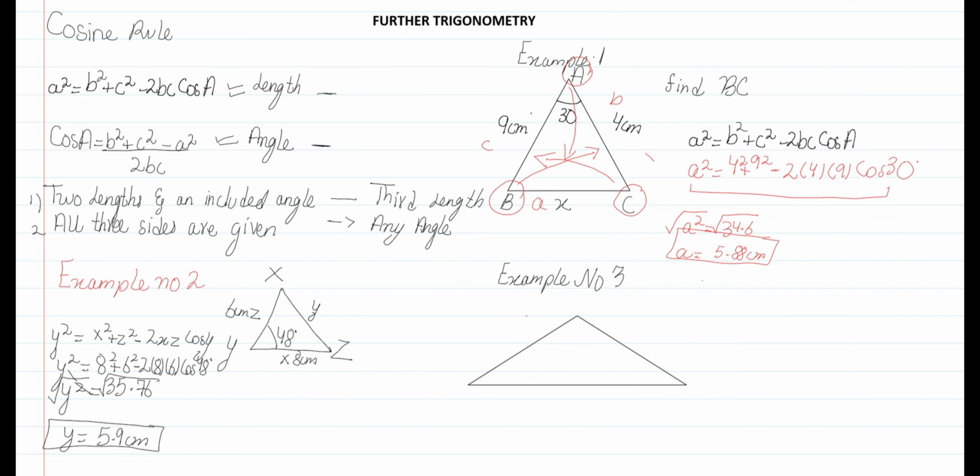Okay, this triangle is given to you, and three sides are given to you, that is 13 centimeter, 7 centimeter, and 9 centimeter. Okay, and the name of this triangle is A, B, and C.